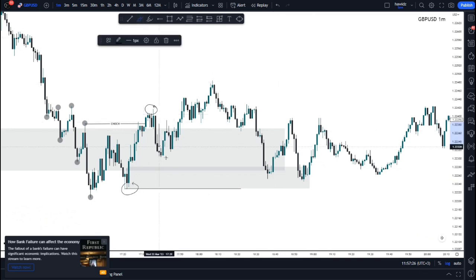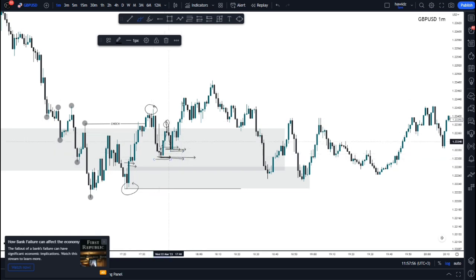Price comes down and leaves this low, which I like to call a liquidity low. It's a low that doesn't yet mitigate the area, and there are imbalances below it. This is simple inducement. Once people see this high and low, they funnel into buys here and leave their stops below this low.